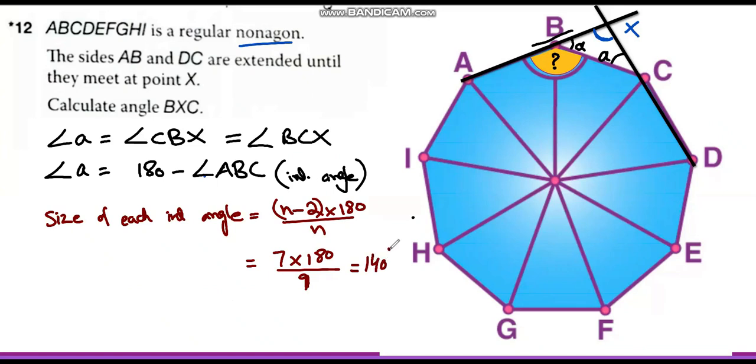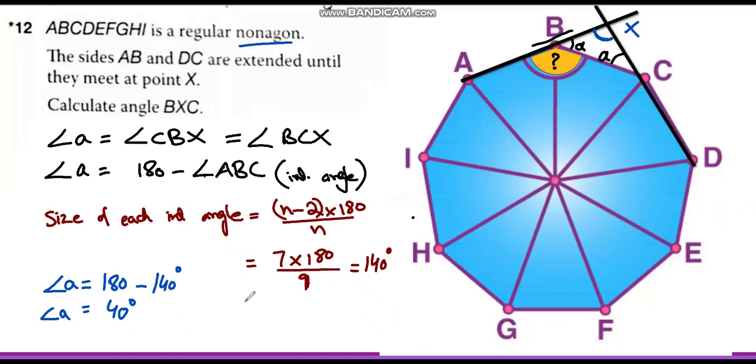Now we can easily calculate the size of A. The size of A is basically 180 minus the size of angle ABC, which is 140 degrees. So it will be just 40 degrees over here. As we have written that the size of angle CBX and BCX is the same, meaning A, which is 40 degrees, we can easily calculate the size of BXC by considering a triangle over here.